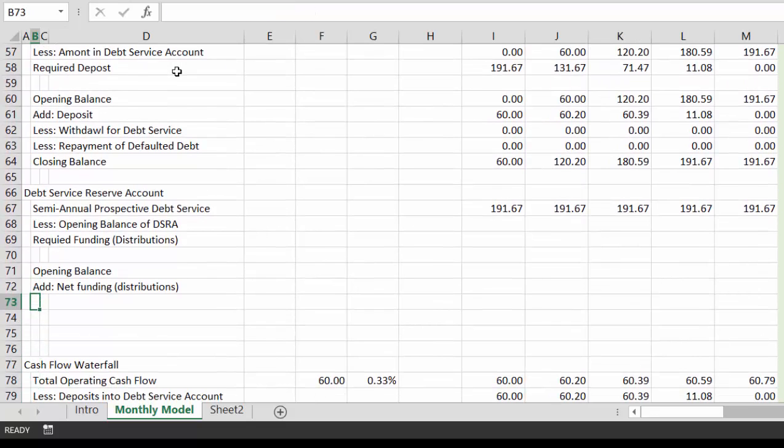And this, I go around and around with this. Now in this particular case, we'll put withdrawals, and we'll put a closing balance.